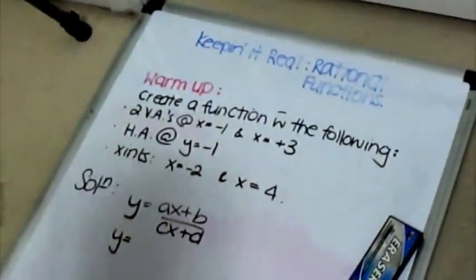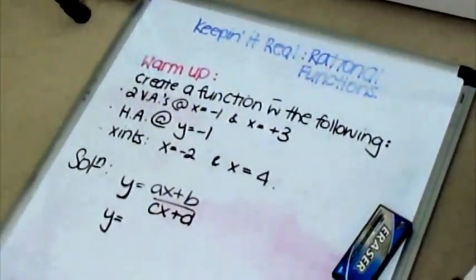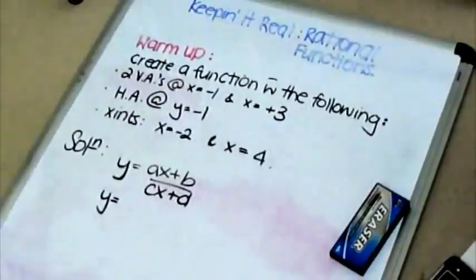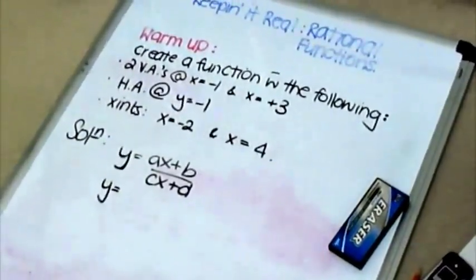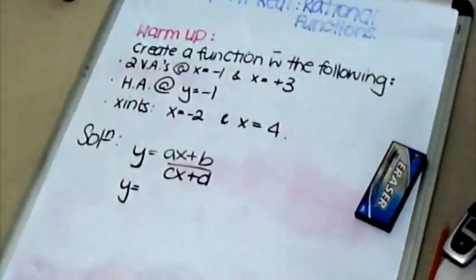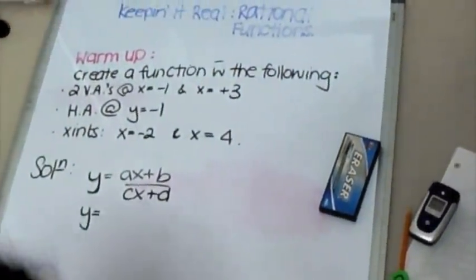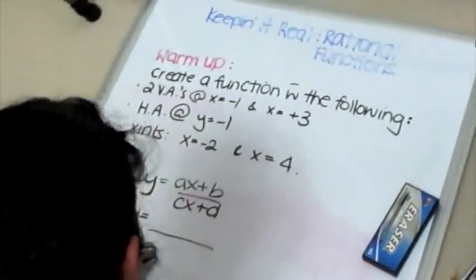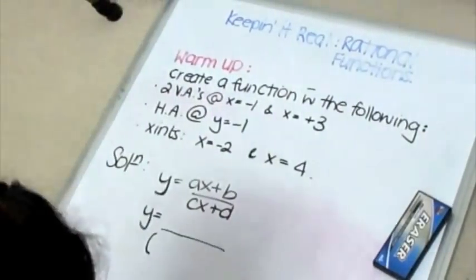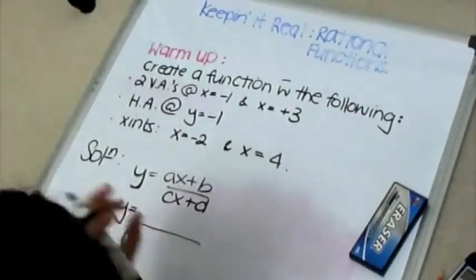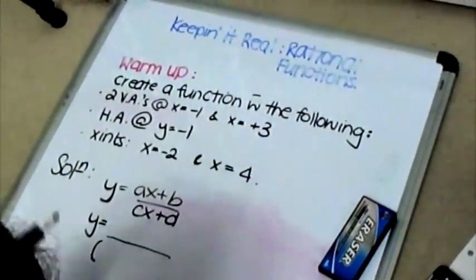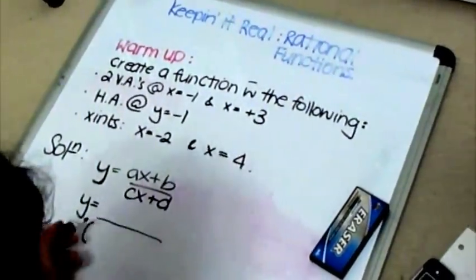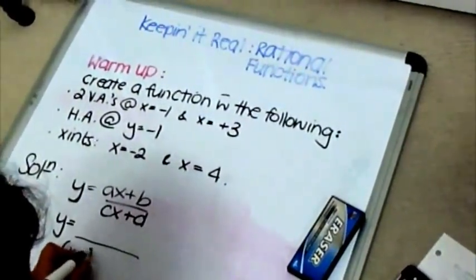Now let's interpret the values that we have. Two vertical asymptotes at x equals -1 and x equals +3. So we know that our vertical asymptotes are the values that we get from our denominator, so let's go ahead and plug those in. Since it gives us the value, we know it's going to be the opposite of the value that they give us, so it's going to be x plus 1.